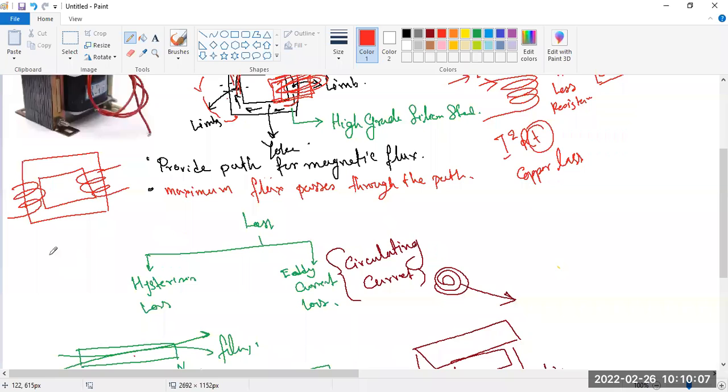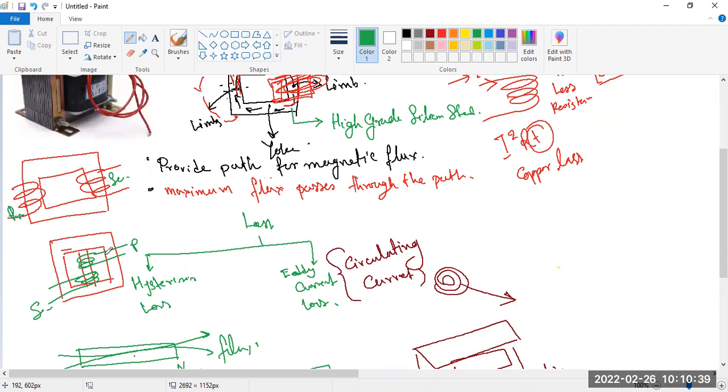The shell type transformer looks like this. If this is the primary and this is the secondary winding, and in the case of the core type, this is the primary and this is the secondary. So in the same core, the windings are there.